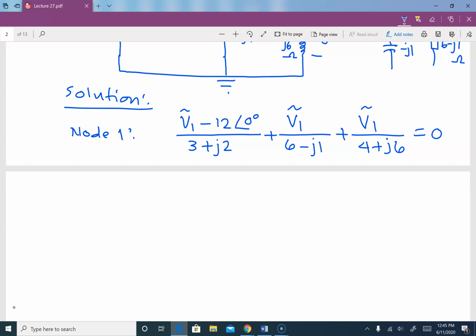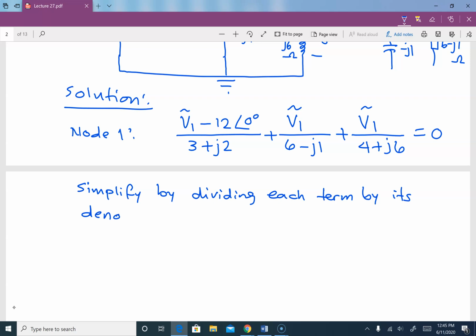So the best way is to simplify by dividing each term by its denominator.